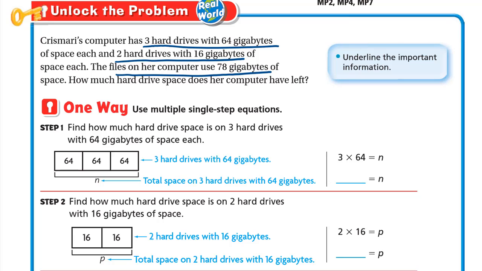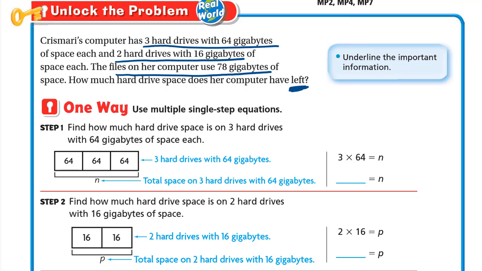Okay, and we need to know how much hard drive space her computer has left. So we need the total number of gigabytes her computer has, and we shall subtract the 78 gigabytes that the files use.